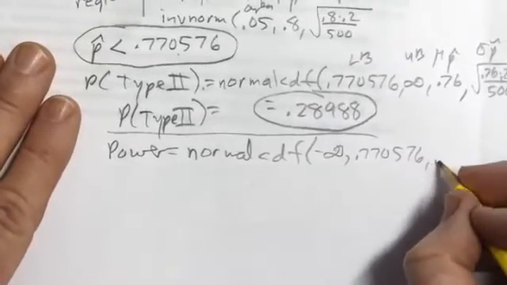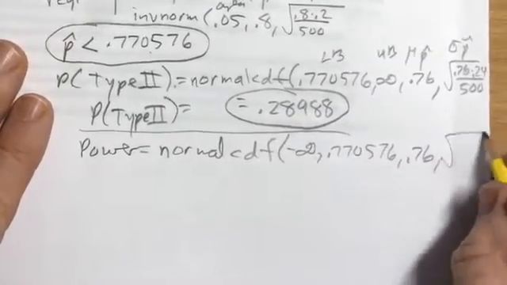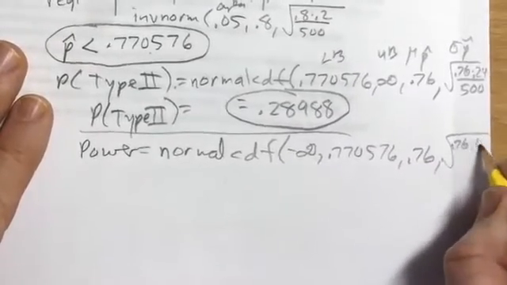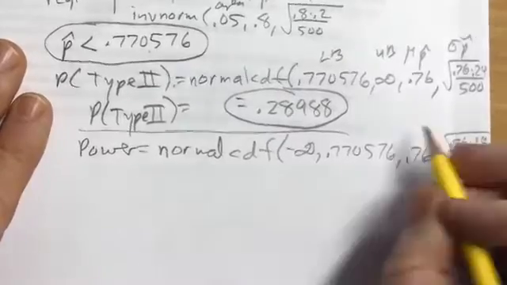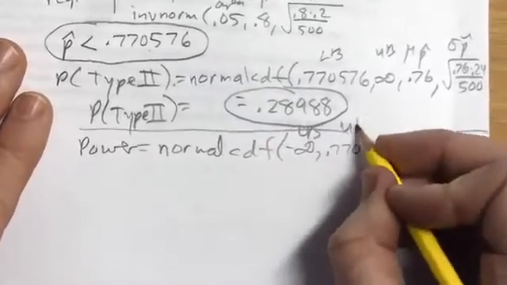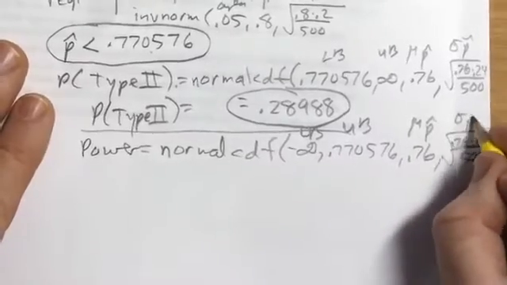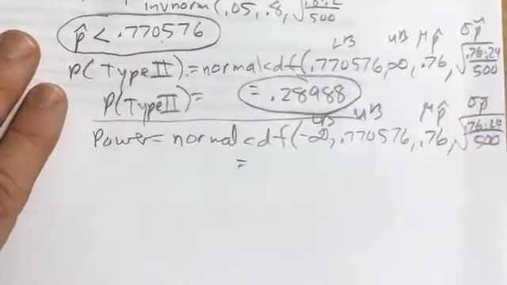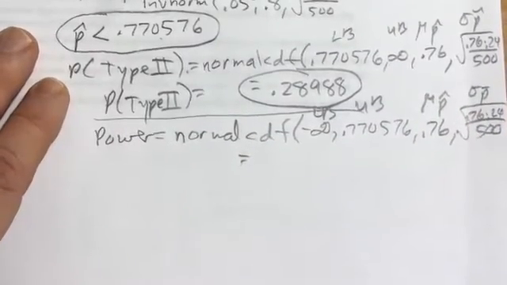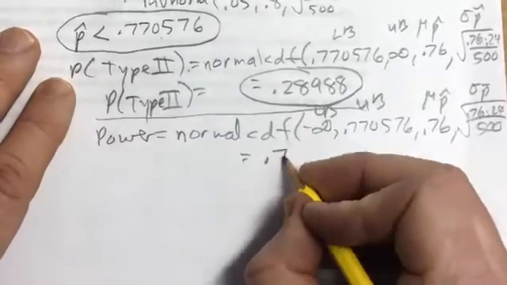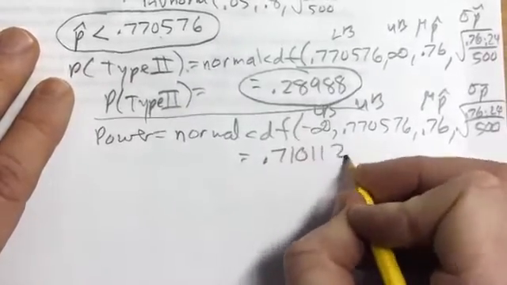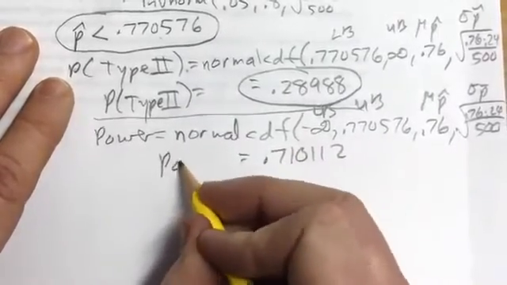And then the mean of 0.76, and the standard deviation will stay the same, the square root of 0.76 times 0.24 over 500. That is my lower bound. That is my upper bound. That is the mean of my p-hats. That is the sigma of my p-hats. And that, as it turns out, is equal to 0.710112. That is the power.